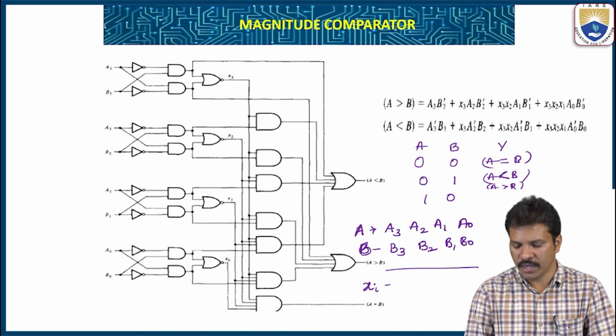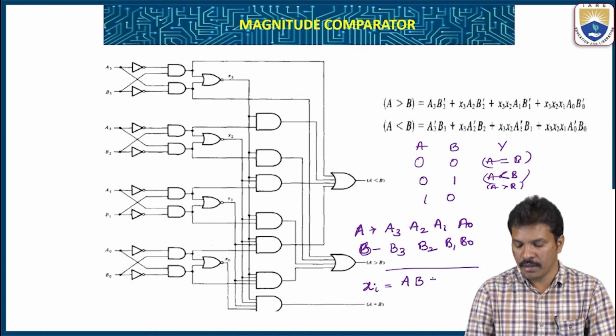In this case, we can write it as AB plus A bar B bar, for each i.